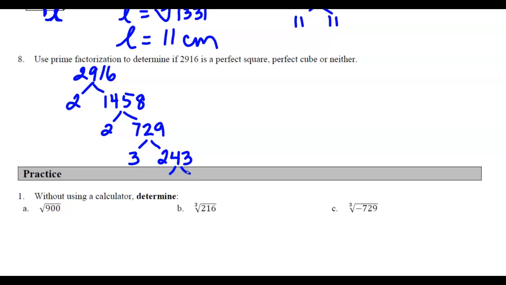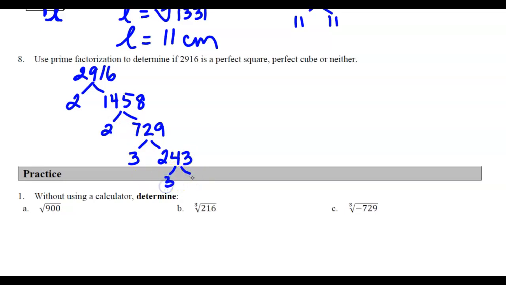Just from stopping here, I'm not finished. How do I know that it's not a perfect cube? Right, because I only have 2 2s so far, and then these aren't even numbers. I'm never going to suddenly get a 2 back, right, as a factor. So I know right now it's not going to be a perfect cube. I have to finish showing my work though, because I still need to see if it's a perfect square.